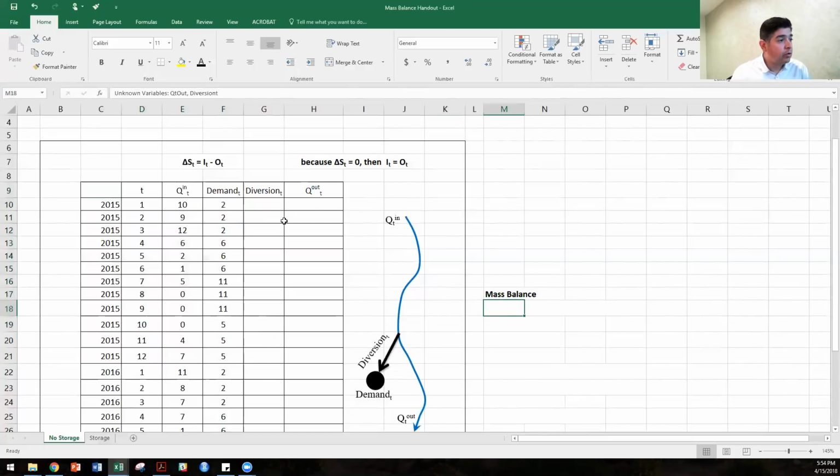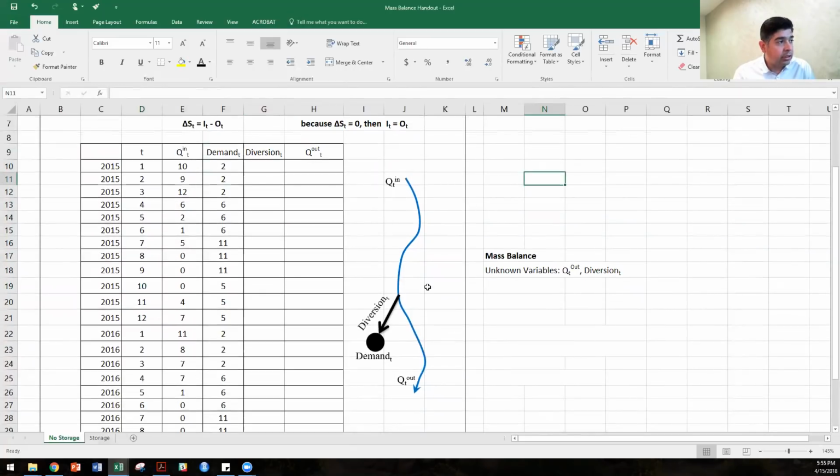So as we know here, our unknown variables are, in this case, this water coming out, this Q out, and also the diversions here. We do know the demands, but we are missing the diversions. So how much water will come out of this simplified system depends on how much water is coming in and how much water is diverted, okay?